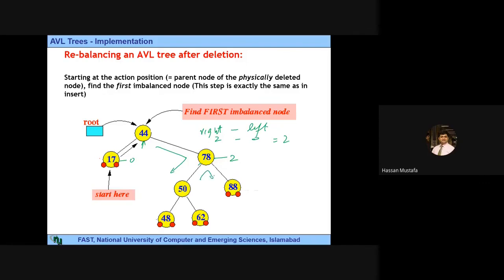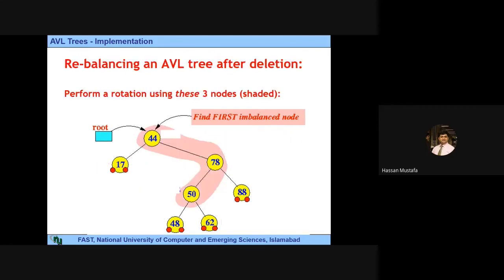The first rotation is performed on 78, and the second rotation is performed on 44. The first rotation on 78 is towards the right to move this heavier side to the outside of the tree. Then the second rotation is performed on 44 to pull this heavier weight to the left of 44. That would be the entire idea, but let's see it in the animation on the slide.